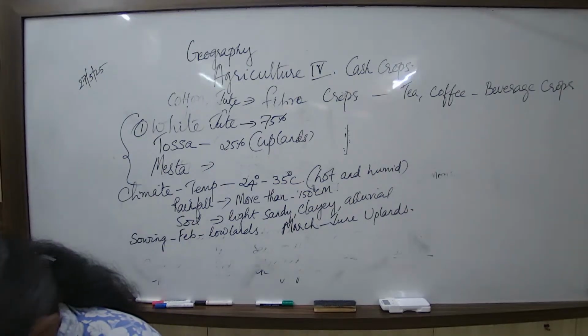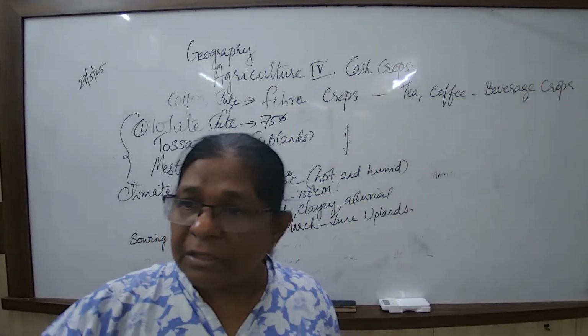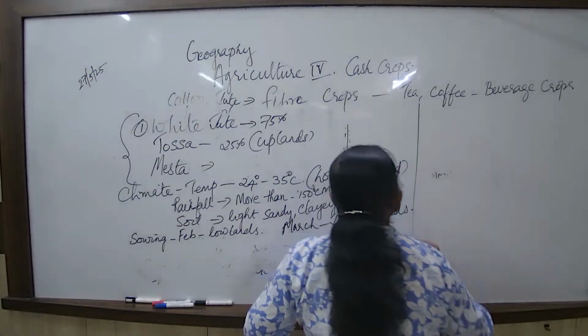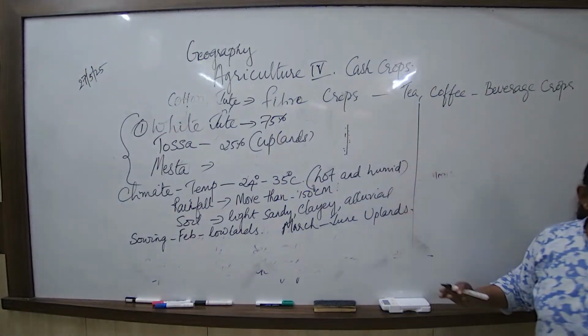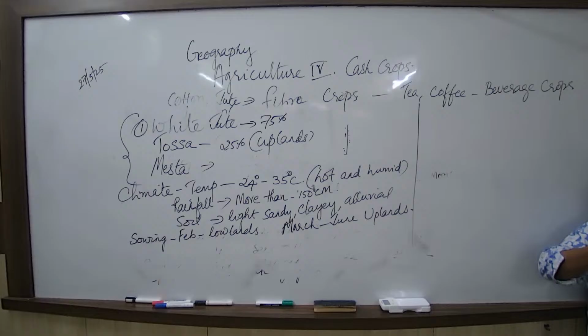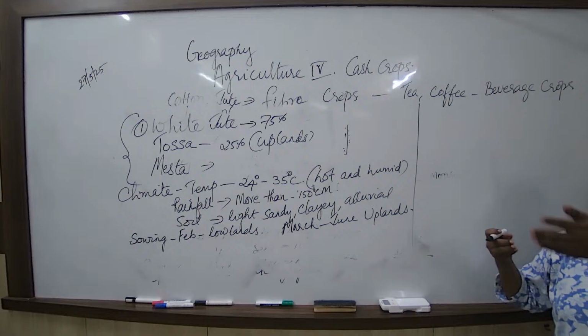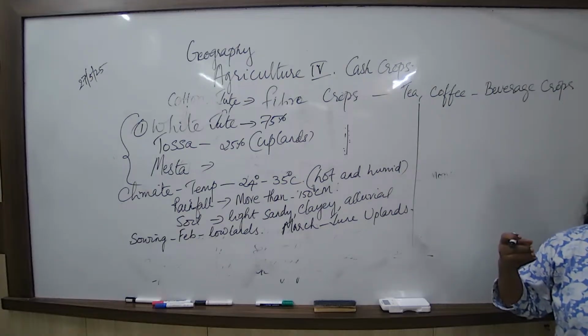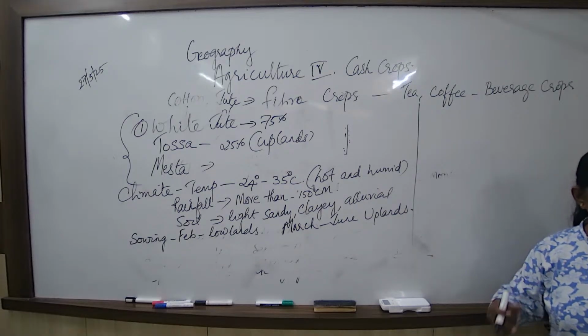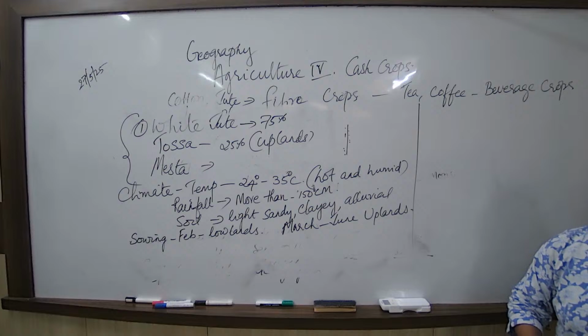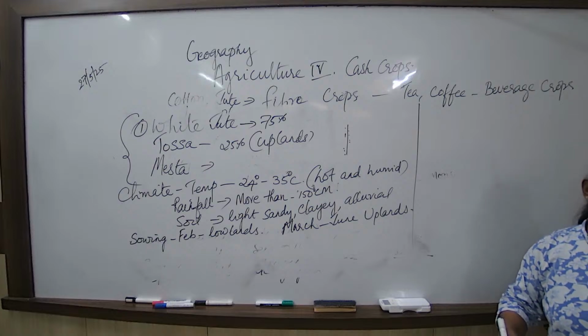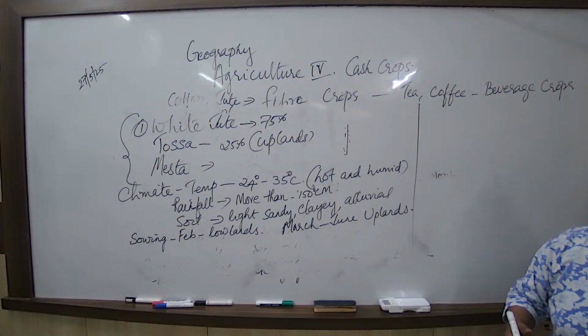Now harvesting. Here, you have to understand what the method is. The plant as a whole is removed. When we studied many other crops, different methods were there. Cutting the plant is the method for most of the cereal crops we have studied.